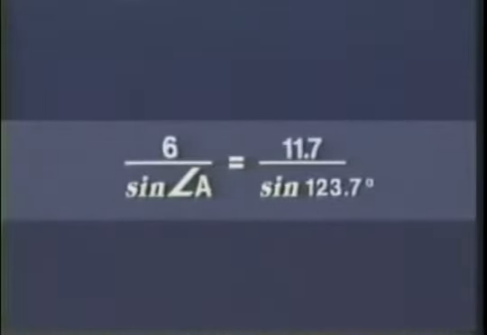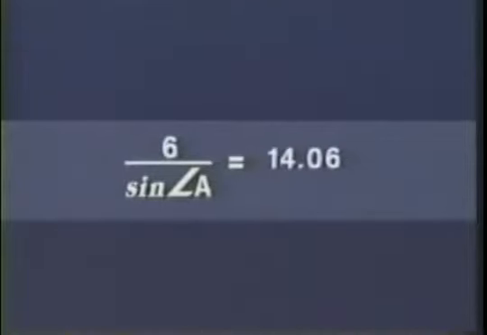The sine of 123.7 is 0.832. Dividing 11.7 by this, we get 14.06.